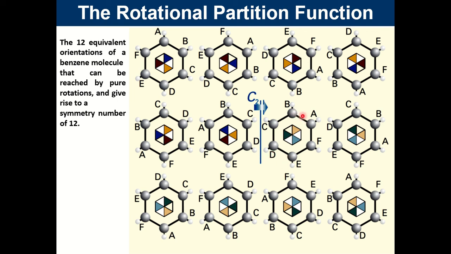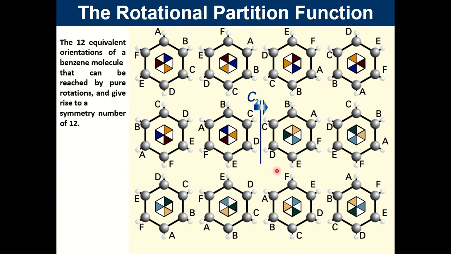You can draw a line from here to here. So that is another type of C2 axis. So 3 C2 axes pass through the atoms, and 3 C2 axes pass in between the atoms.